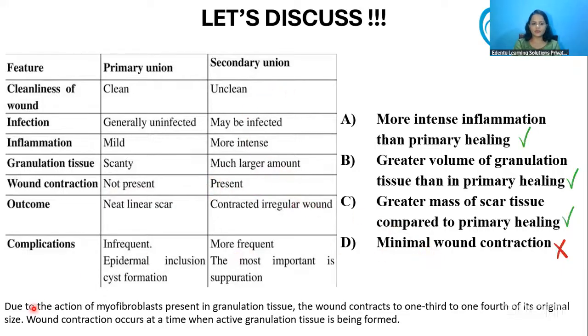In the secondary union, since the granulation tissue is very large, it contains special cells called myofibroblasts. These myofibroblasts will try to contract the wound as much as possible, to one third to one fourth of the original size of the wound.